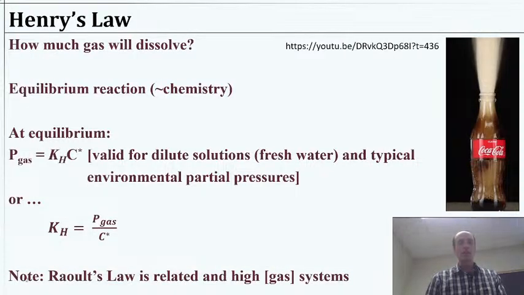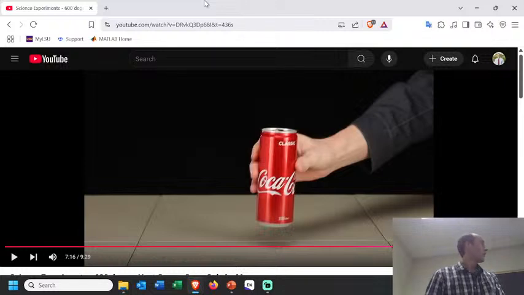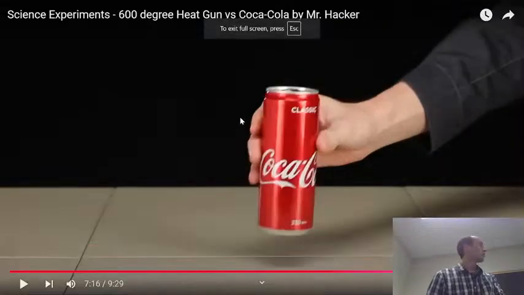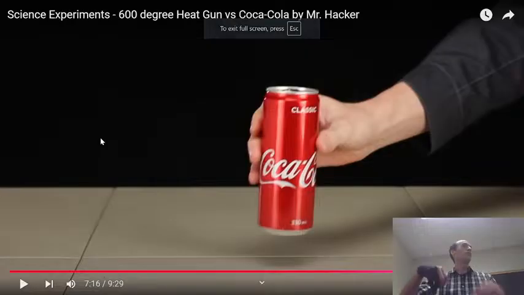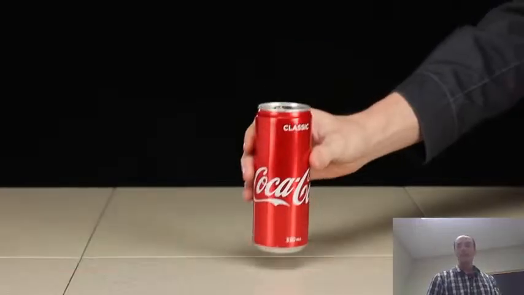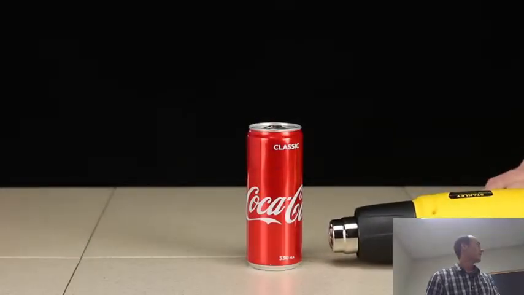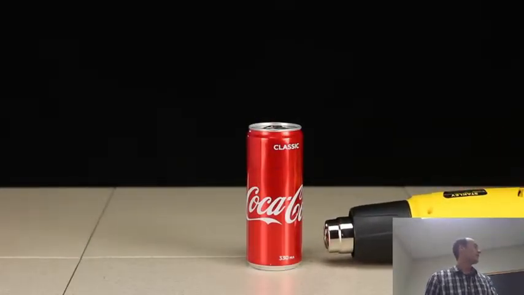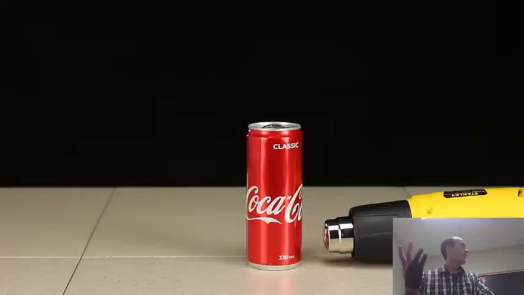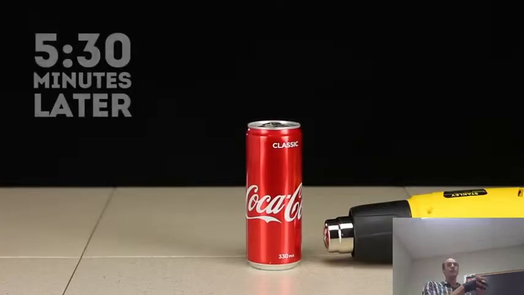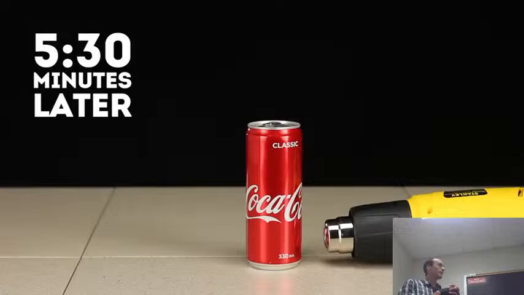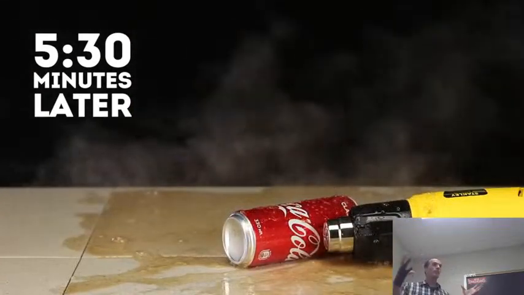Okay, so this one, I was at some point looking for a nice demonstration of soda bottles going boom, and I stumbled upon this particular video, and he takes a heat gun and just sets it up next to the bottle and lets it go. As you might imagine, what's happening is we've got the dissolved CO2 in the soda, and then it's heating, so the pressure should be increasing because PV equals nRT, right?